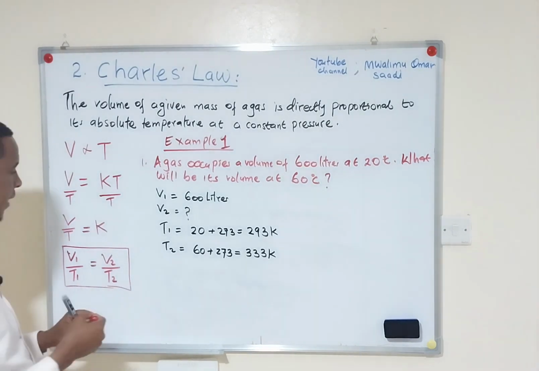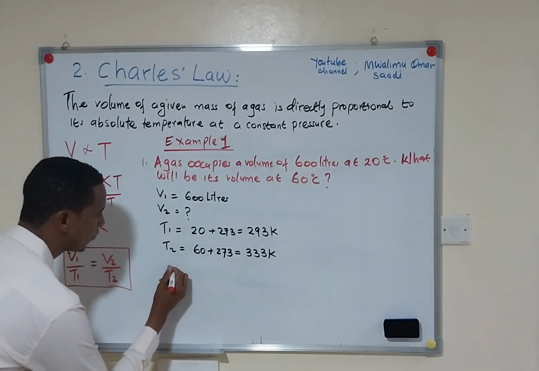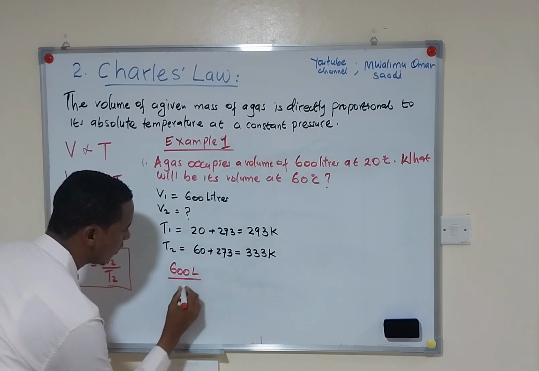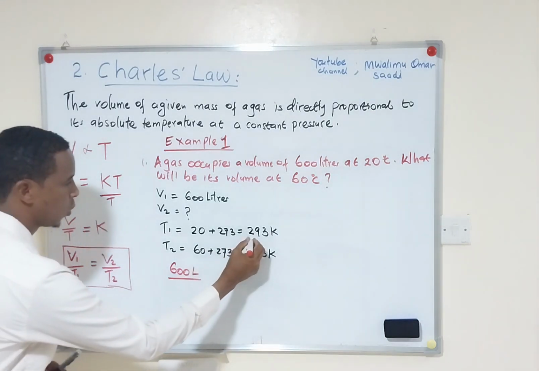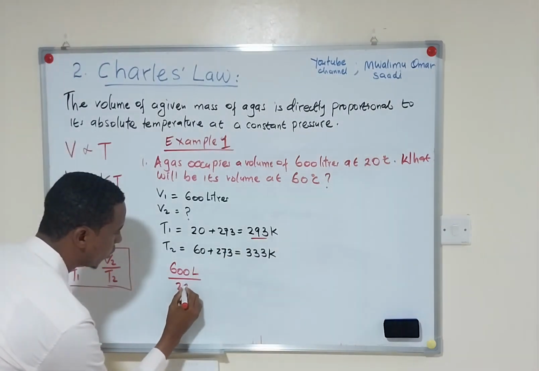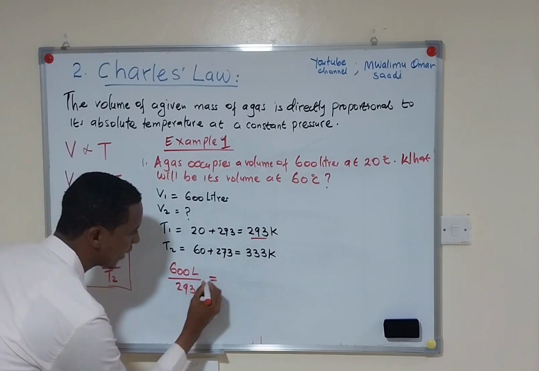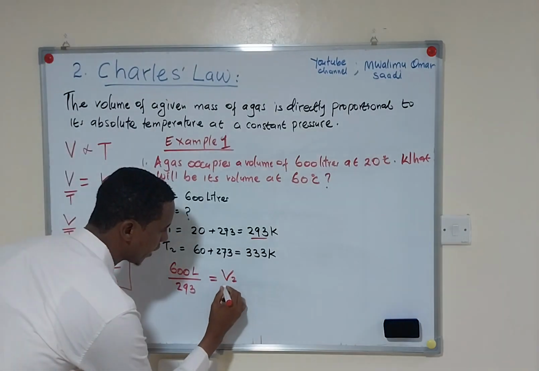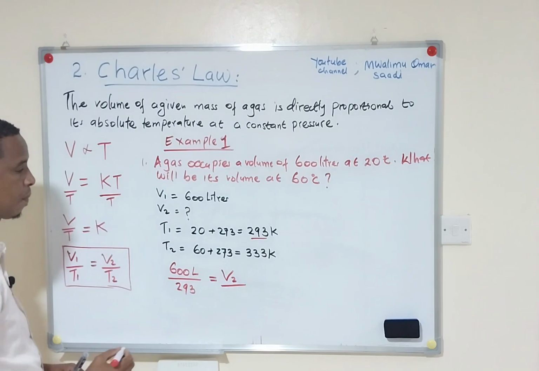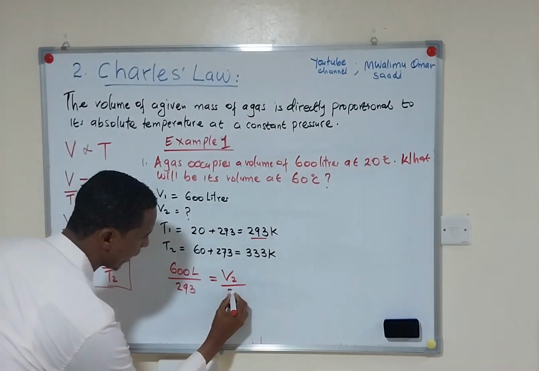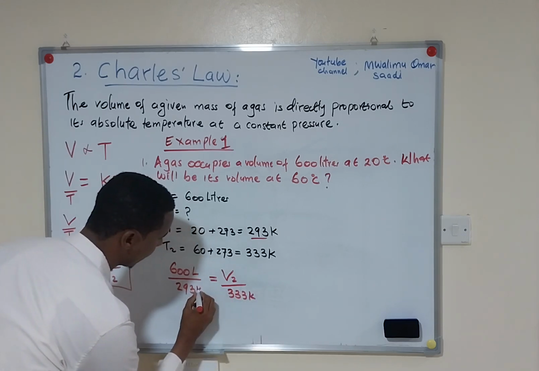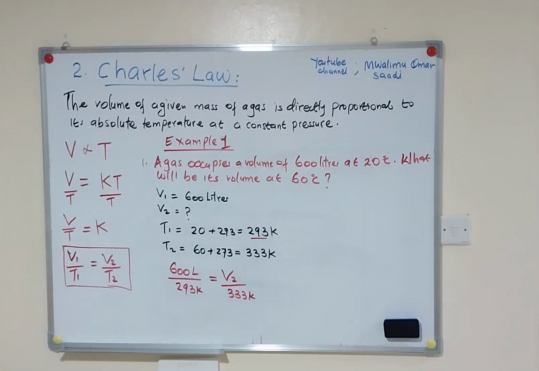So 600 liters over T1, which is 293, is equal to V2, which we don't have, over T2, which is 333 K. From there, it is easy to calculate V2.